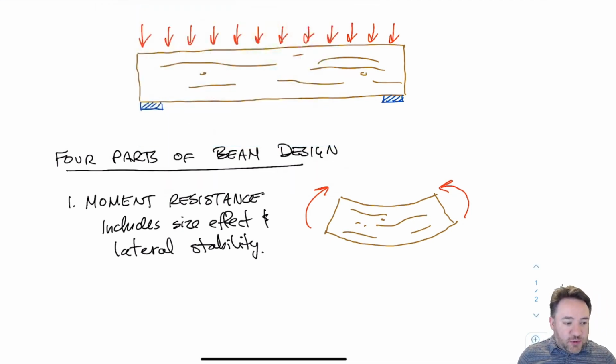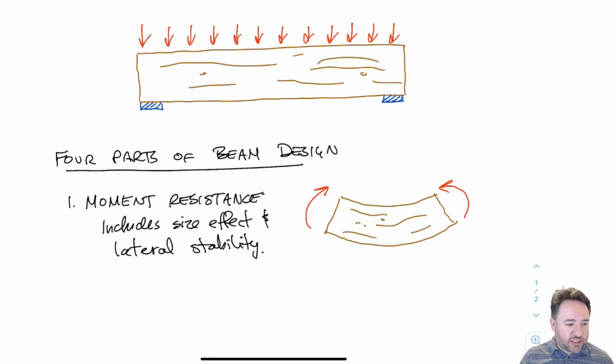So the first one is the most obvious one for beams, which is the moment resistance. So we have some moment which causes tension in the bottom and compression in the top. What I've shown on the right is a wood member with pure moment. Now, of course, generally for beams, we don't typically have pure moment, especially when we're designing in timber.